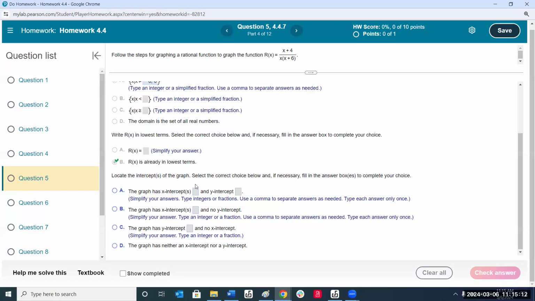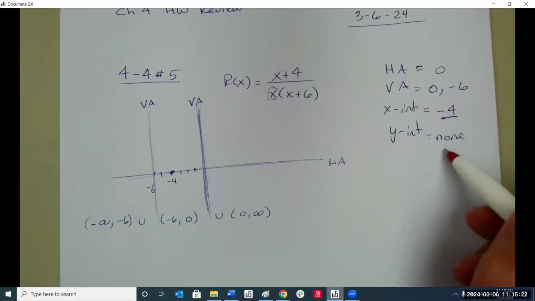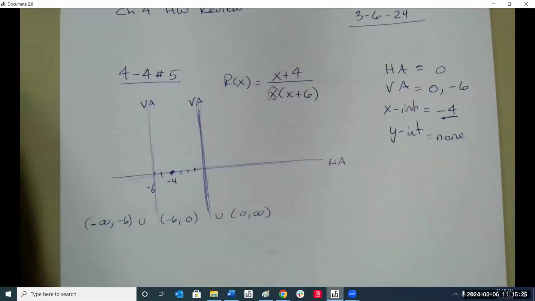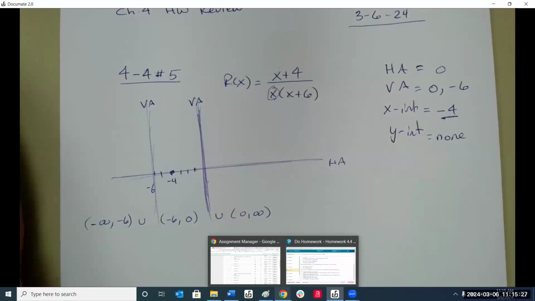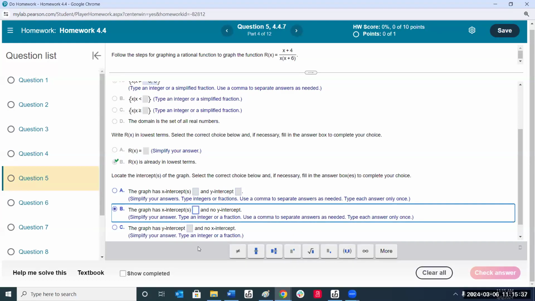Locate the intercepts of the graph. Select the correct choice below. If necessary, fill in all the blanks. So what we figured out is we have an x-intercept at -4, and there is no y-intercept. So it doesn't have a y-intercept, and it has an x-intercept here.